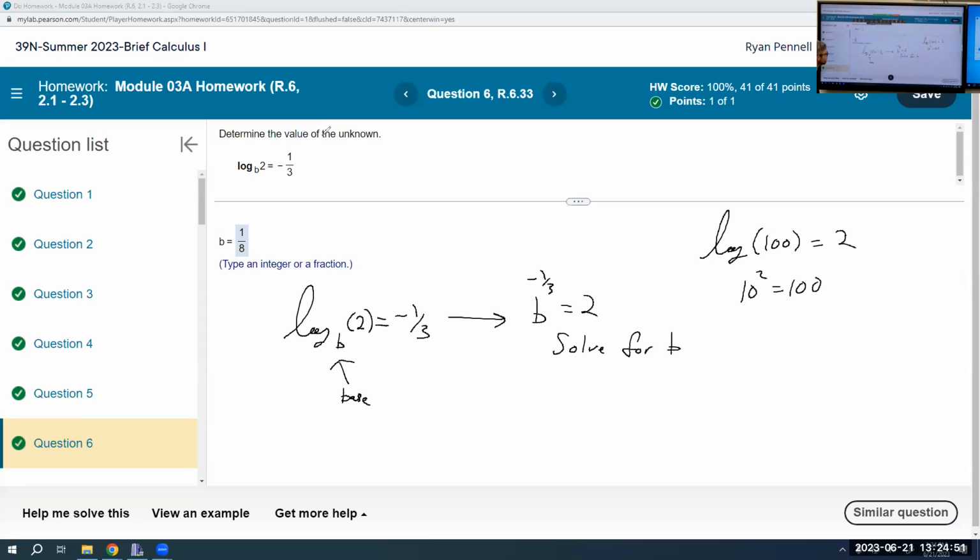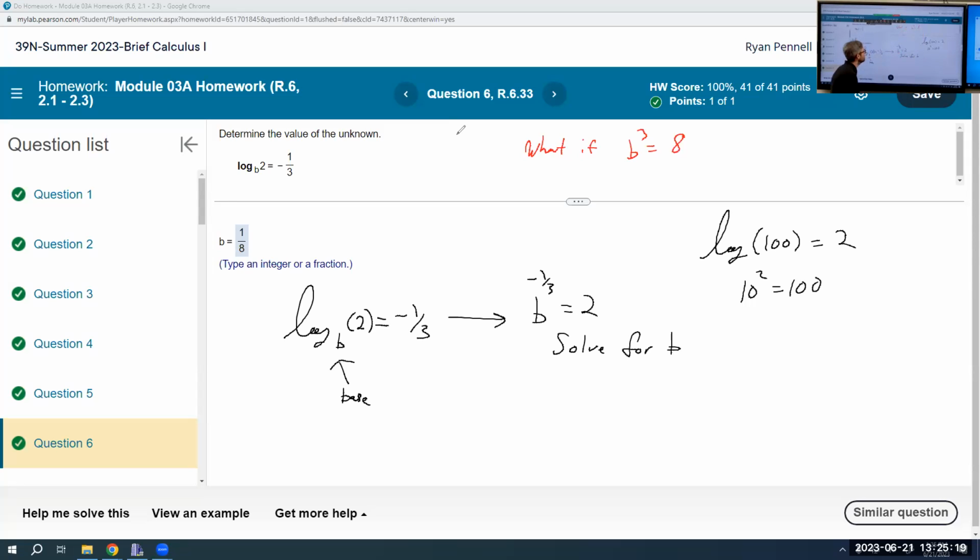Well, my thought is we're going to have to play with the exponents. That's all I can really think we could do with it. So I need to do something with the exponents. What if it was b cubed equals 8?